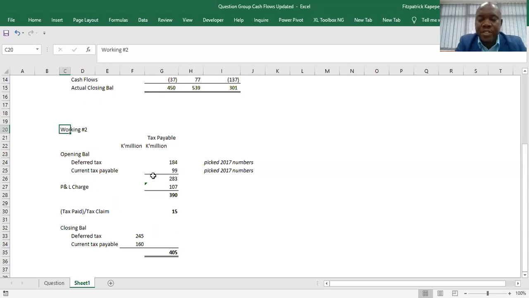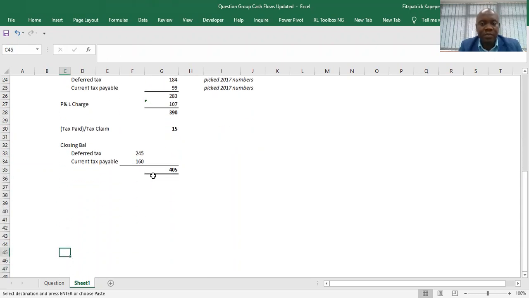Now we proceed to working 3. Working 3, we can deal with the acquisition of property. Remember that under cash flows, our interest is the cash movement.